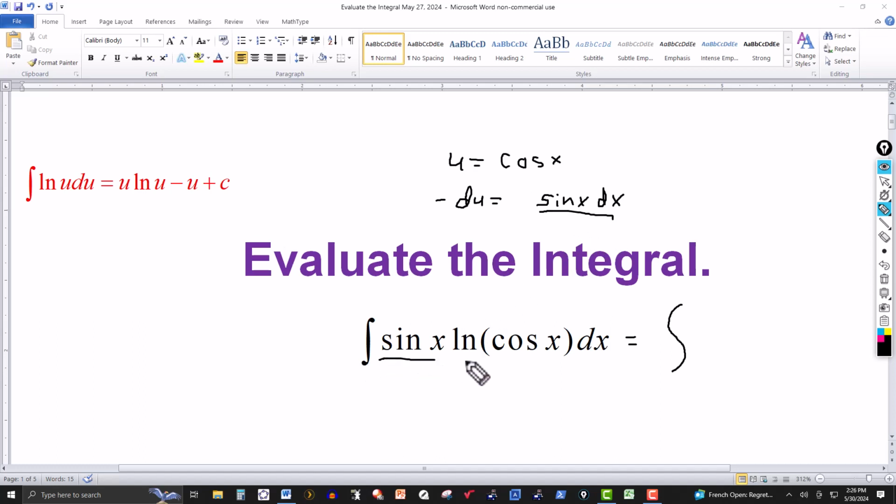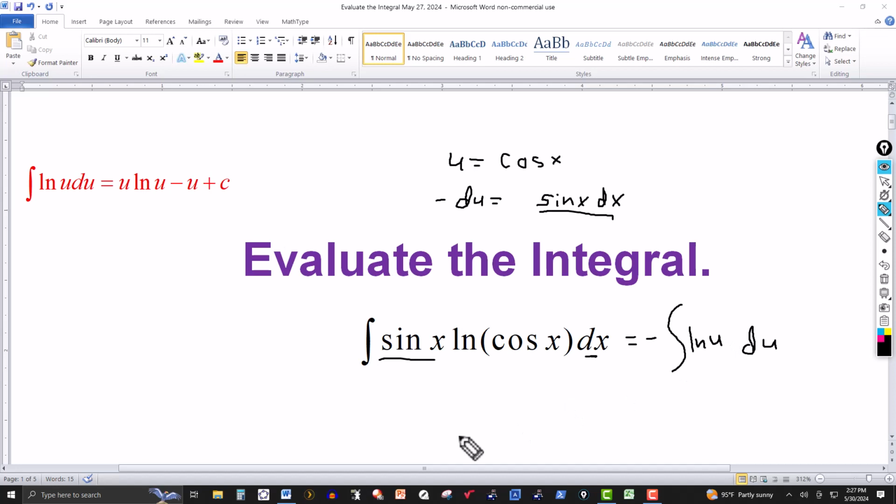Put that together, and the dx becomes your du, or in this case, it'll be minus du. So I'll bring the minus out in front here. And again, sine x dx is going to be your du with a minus to the left outside the integral. And then I have the natural log, and cosine is u. So this is your u.